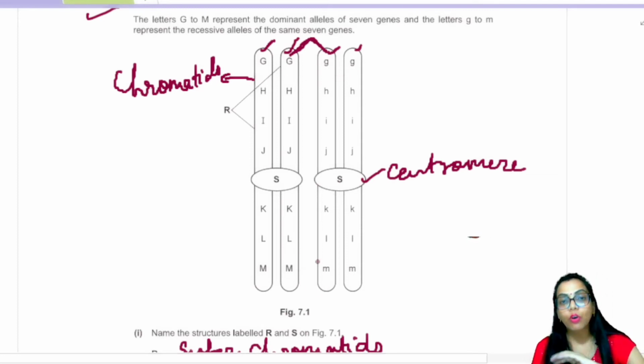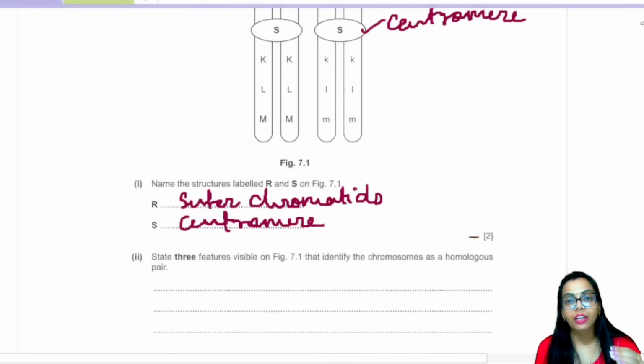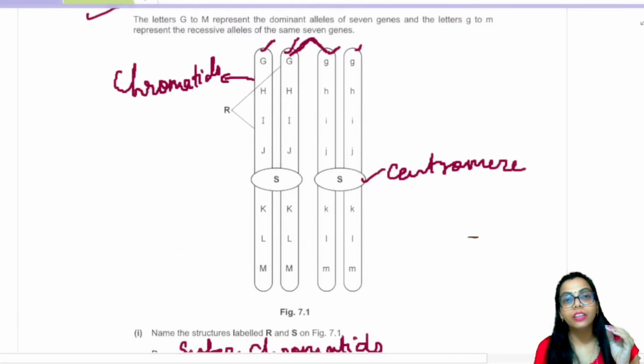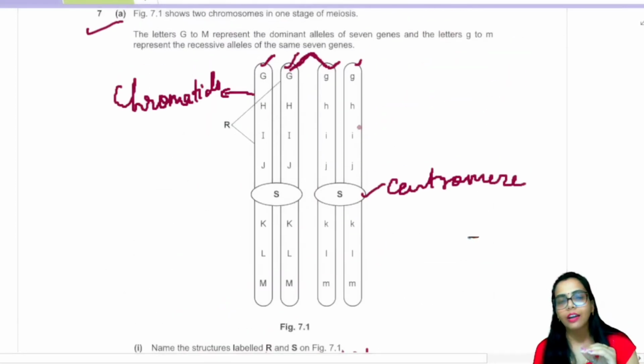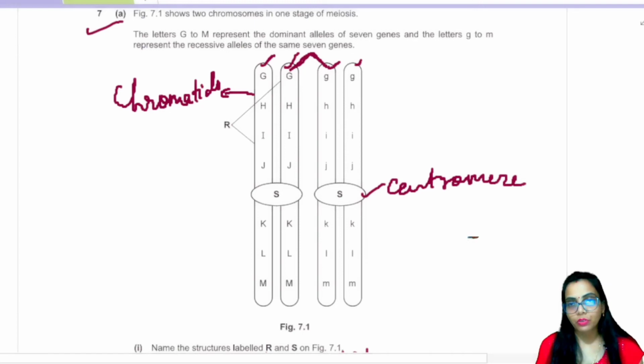Okay, and they form the bivalent or the tetravalent, and the same loci of the alleles also. So these are the characters that show that these two chromosomes are homologous chromosomes.